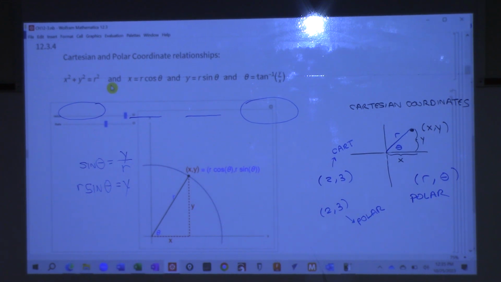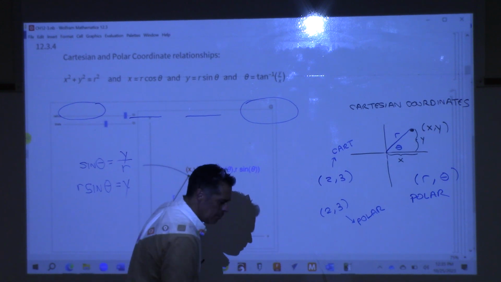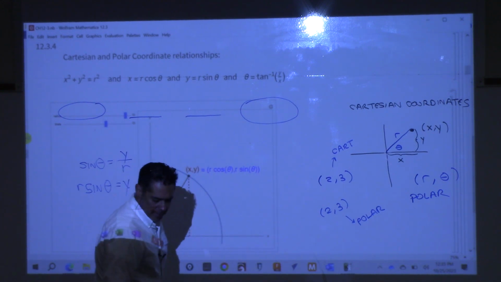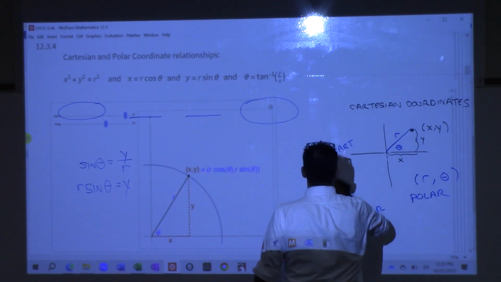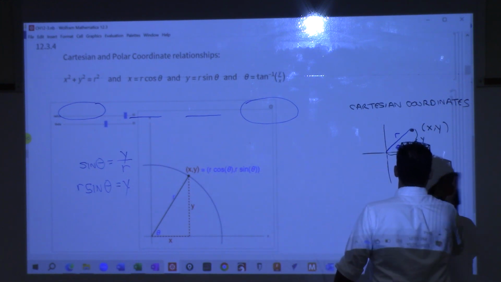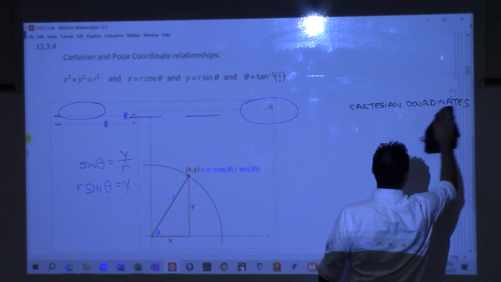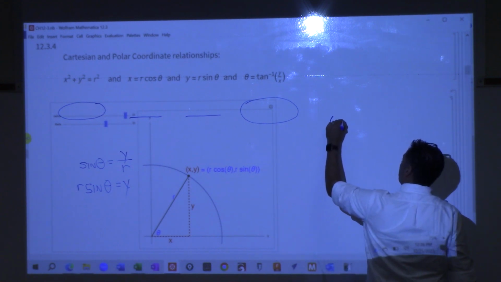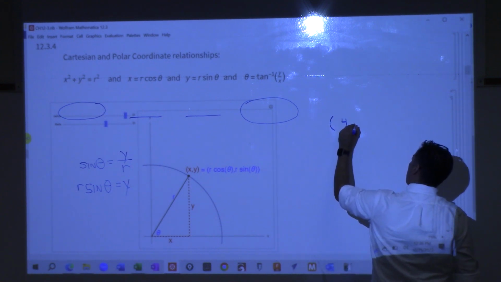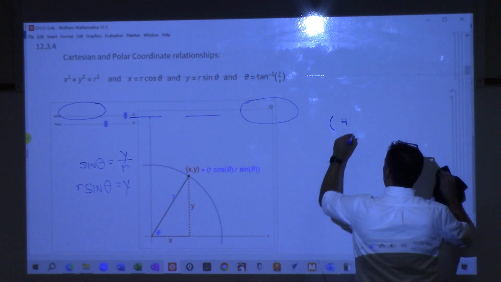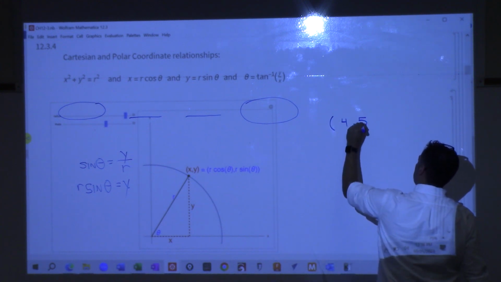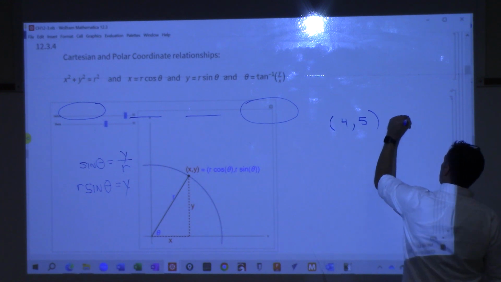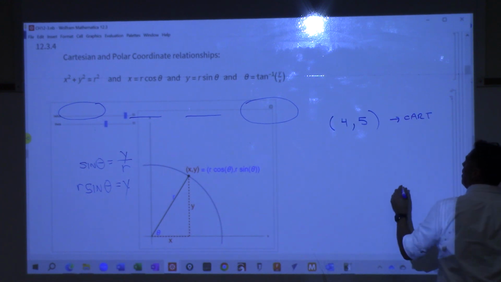So now if somebody gives you a point, I want to do an example before we go. Let's say that I have the point 4, 5. Let's just start simple. I tell you that this is in Cartesian, and I want it in polar.